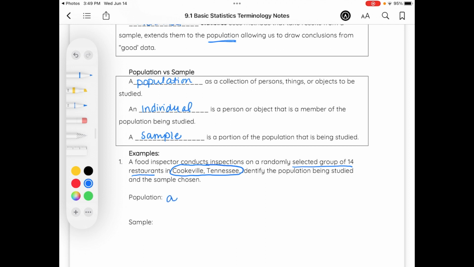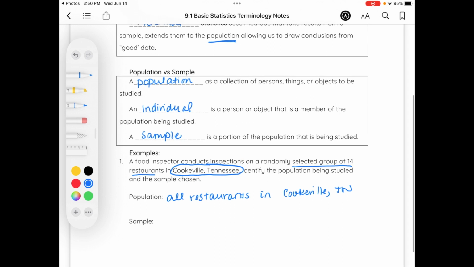So our population is all restaurants in Cookeville, Tennessee. From all of those restaurants, we're selecting 14 restaurants as our sample.